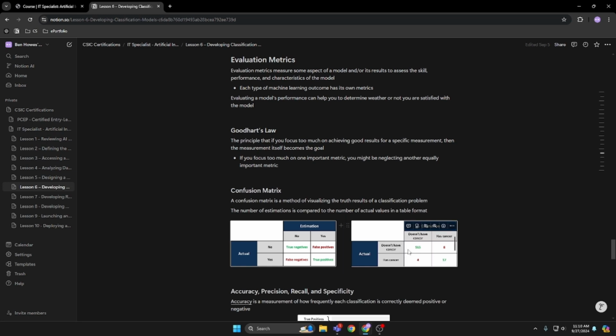Like in this example that the training course gave, if you're using machine learning to diagnose a disease or an illness like cancer, it's more important that you have fewer false negatives. Sorry, my wording.